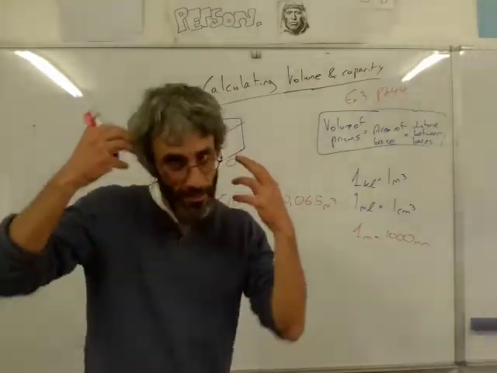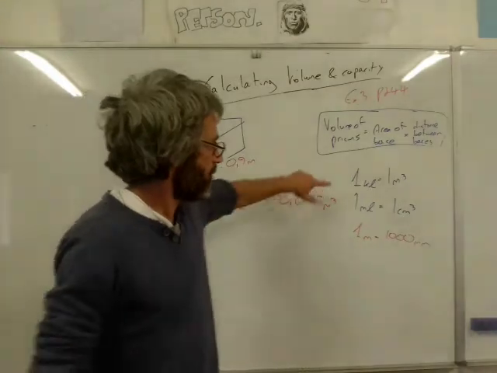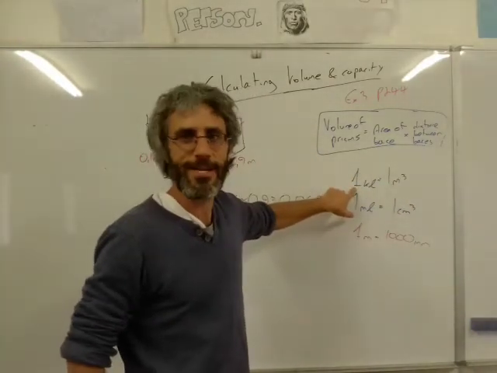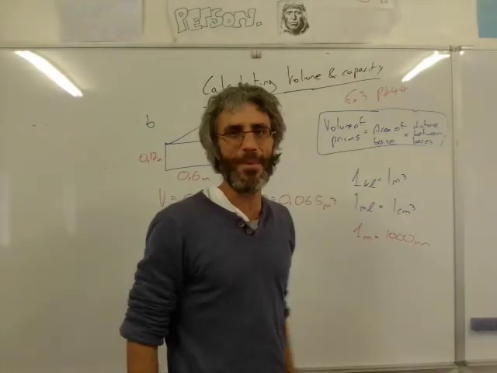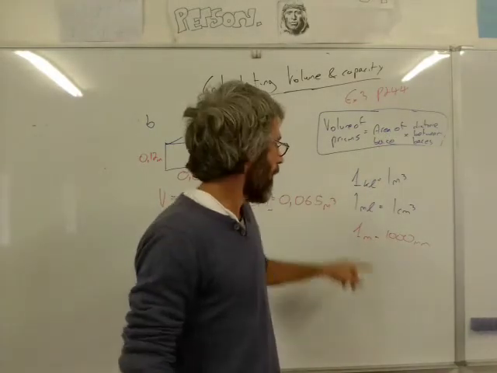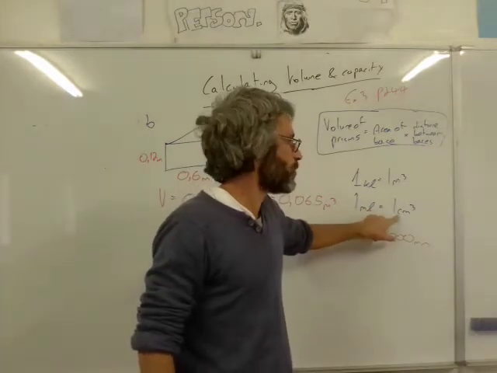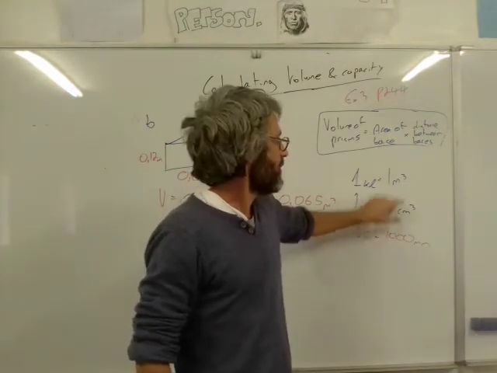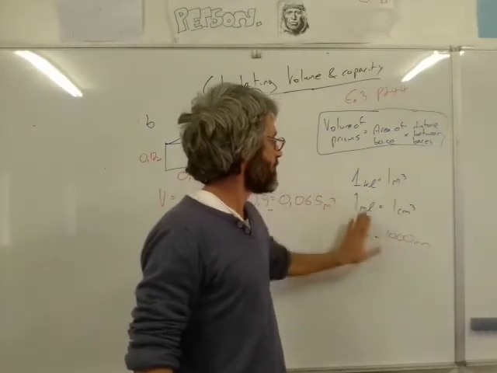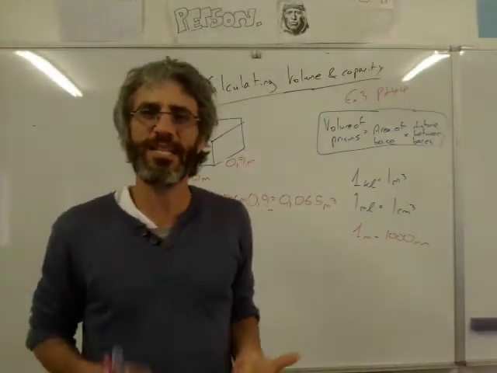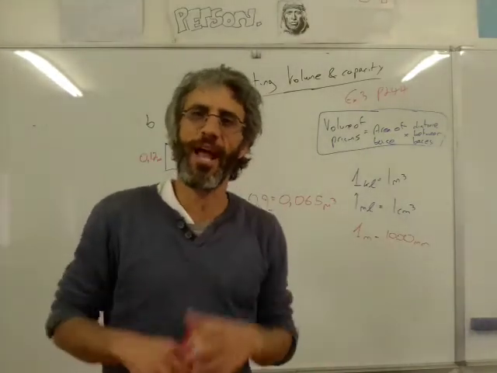Now, what you got to do, and it's a bit of memory, I'm afraid, you got to remember just two things. That 1 kiloliter is equal to 1 meter cube, and that 1 milliliter is equal to 1 centimeter cube. These are units of volume, and these are units of capacity. Capacity and volume are really the same, it's just that when we say capacity, it means how much stuff we can have inside.